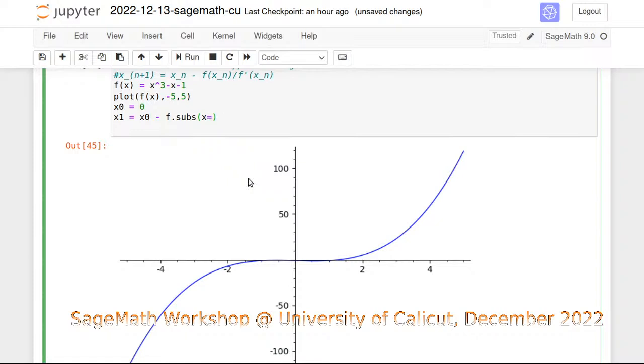We substitute x equal to x naught into f, divided by the derivative of f at x, and evaluate, substituting at x equal to x naught, there is no x1 as of now.